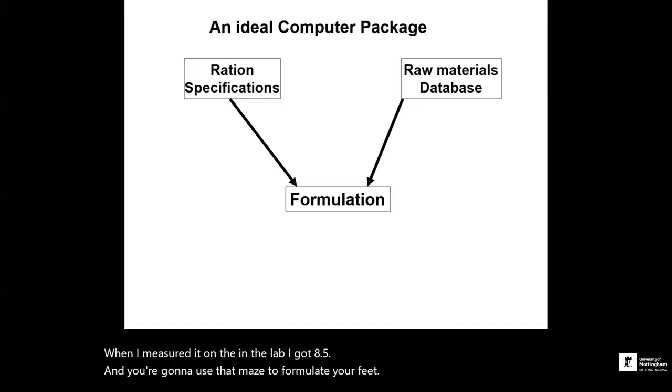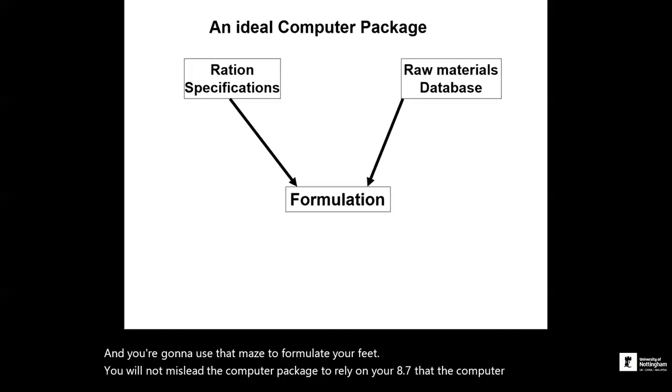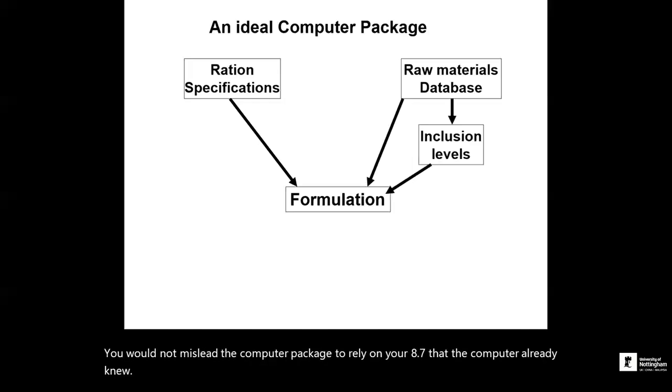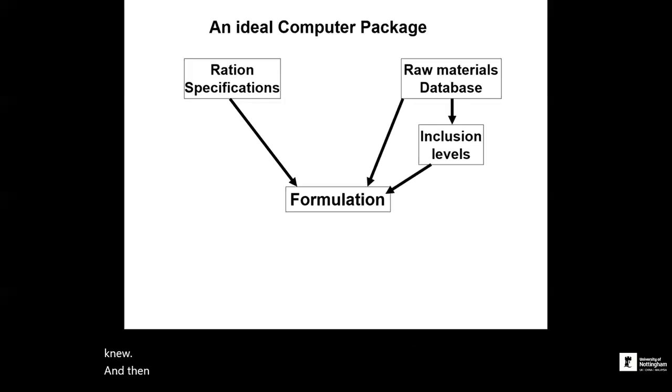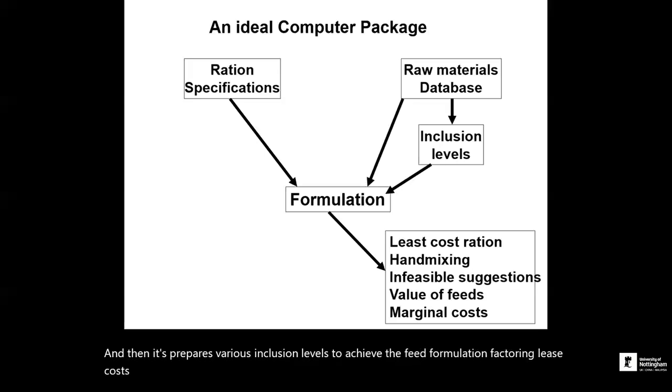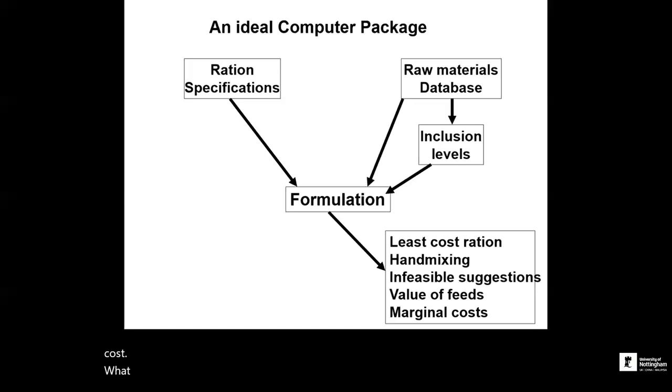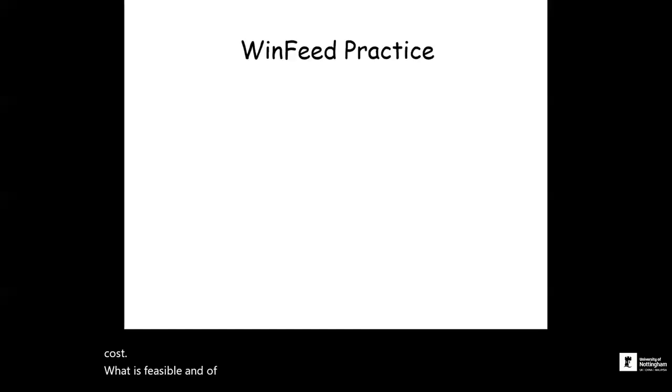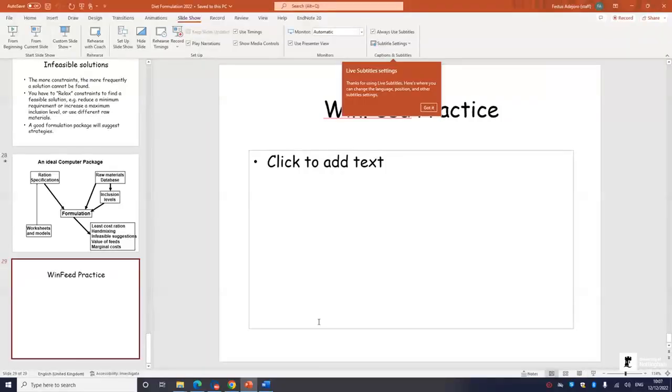You will not mislead the computer package to rely on your 8.7 that the computer already knew. And then it prepares various inclusion levels to achieve the feed formulation, factoring least cost, what is feasible, and of course. So basically, that is what an ideal formulation software is.